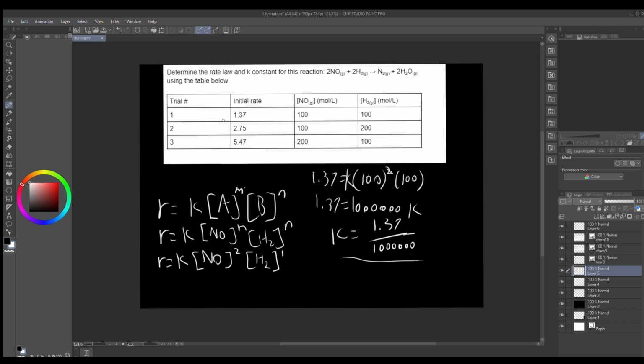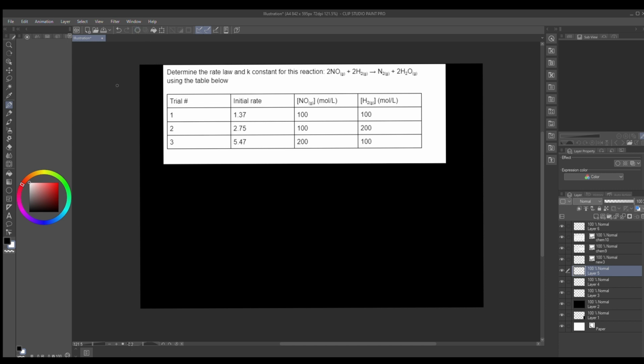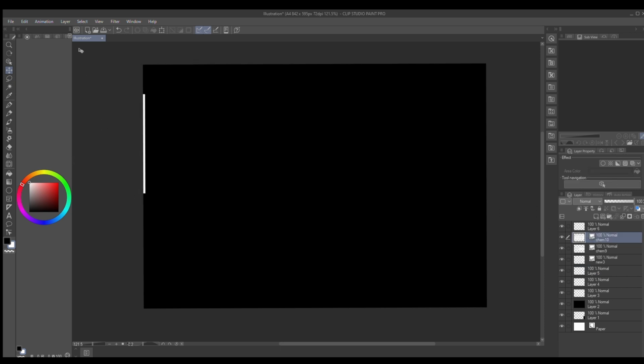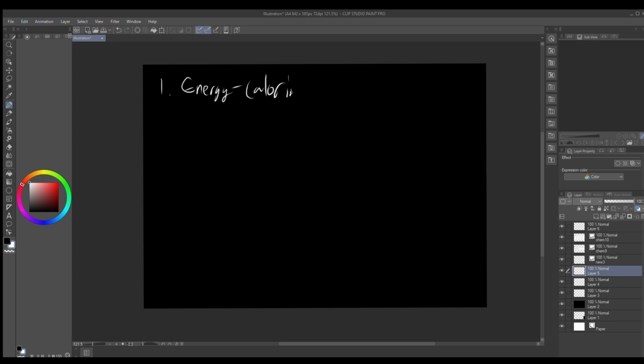And that is just about it for today's lesson. Today we went over a lot of stuff, but the main things were that we learned about energy, calorimeters and such.